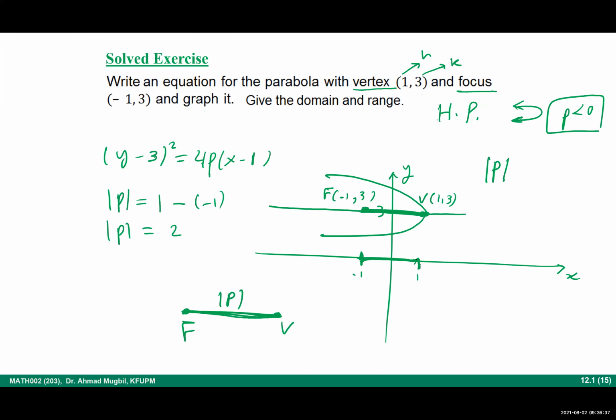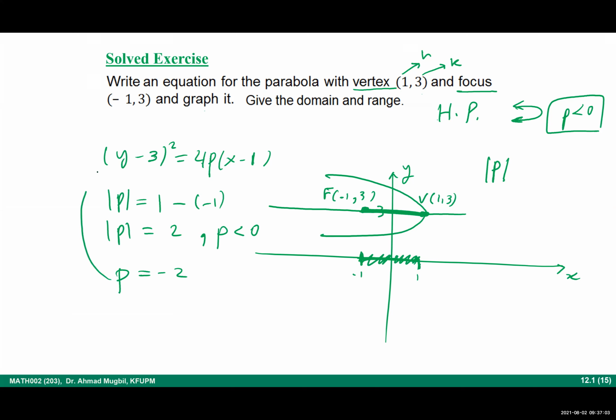The distance from here to here is 1, from here to here it is 1, so it is 2. Now the absolute value of p is 2. This means that p is positive or negative 2. But we know, ya Shabab, that p is negative. So p is negative 2.